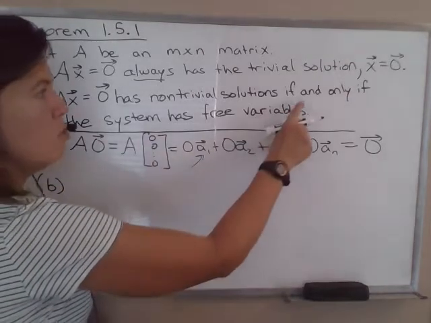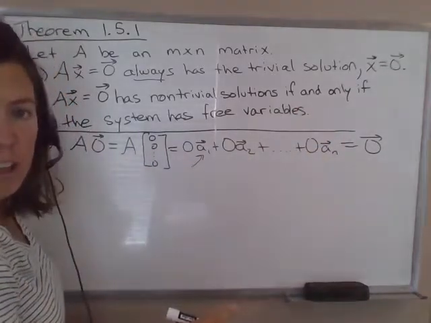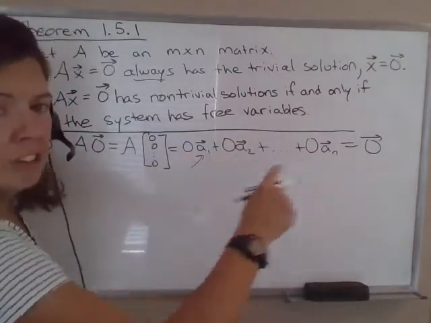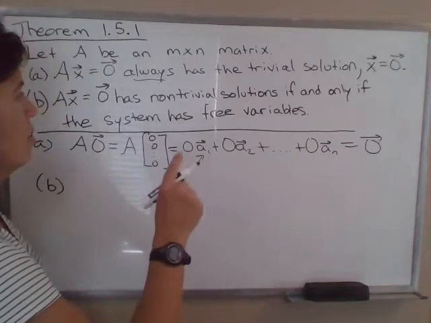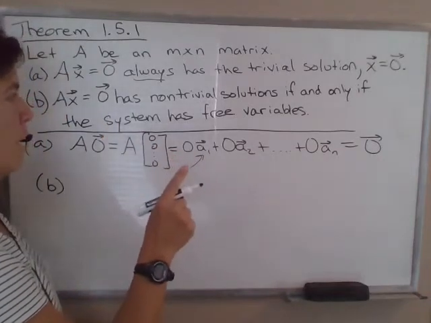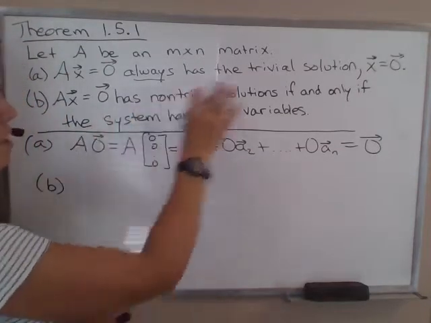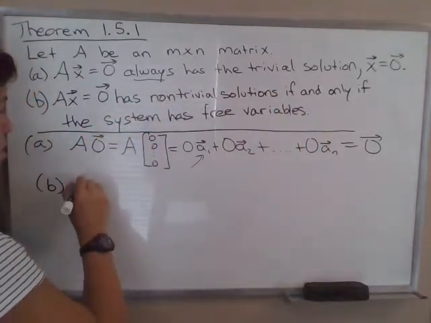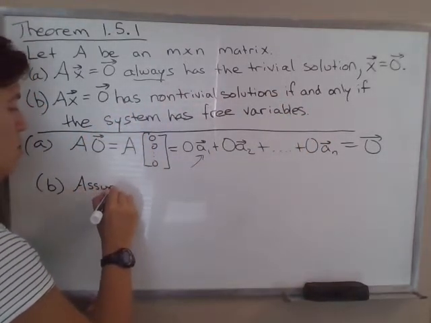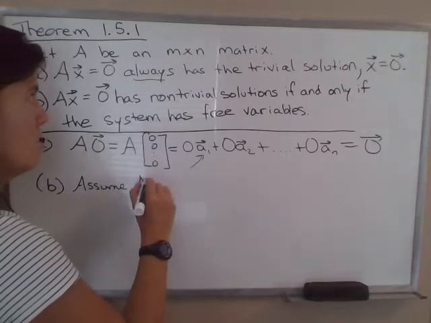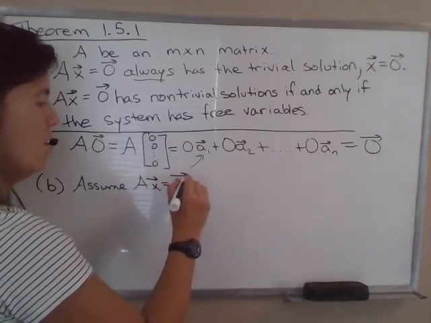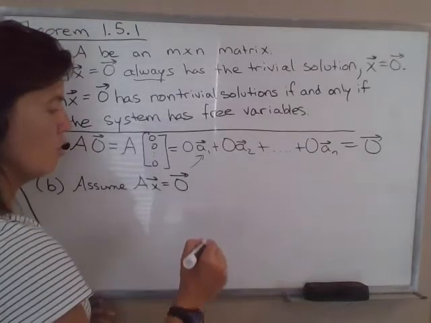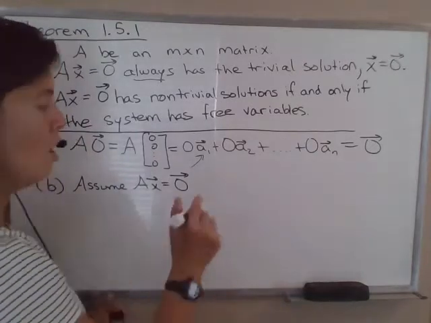Now, when you see if and only if in a theorem in mathematics, that means that the logic flows both ways. So my argument right now is, all right, let's prove that the logic flows this way. Let's assume that AX equals 0 has non-trivial solutions, or let's say just a non-trivial solution.